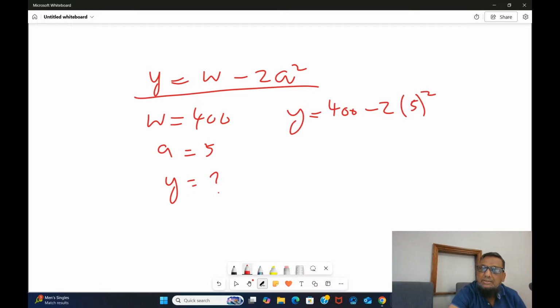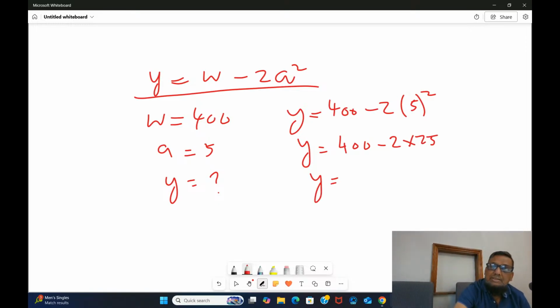Look at this one: 5 times 5 is 25, so 5 square is 25, and 25 times 2 is 50. 400 take away 50.